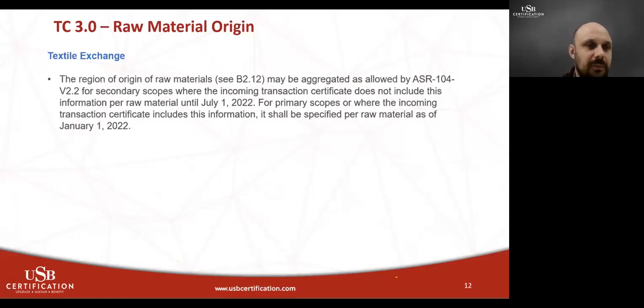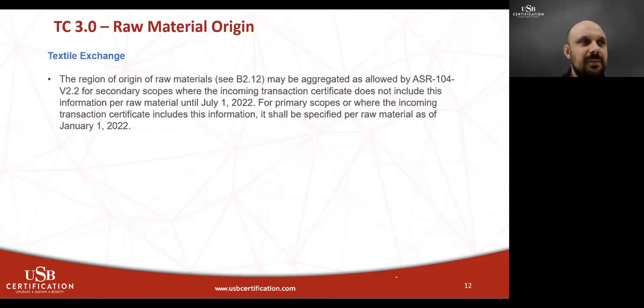By January 1st, 2022, some of the previous rules apply, meaning that in the first processor stage, geographical origin information will be collected, and all information collected after January 1st, 2022 shall be forwarded to the next TC in the output TC.